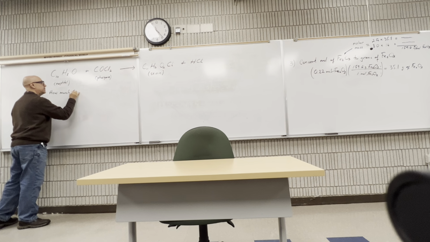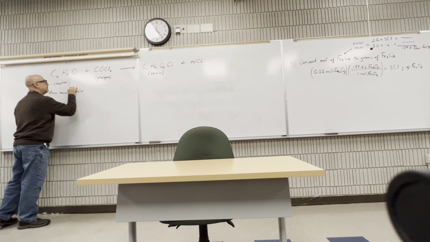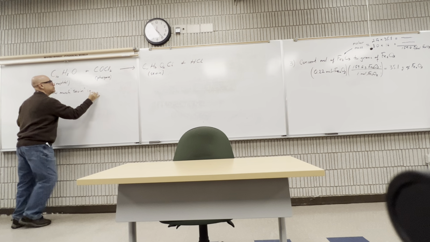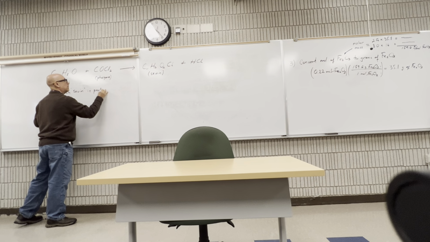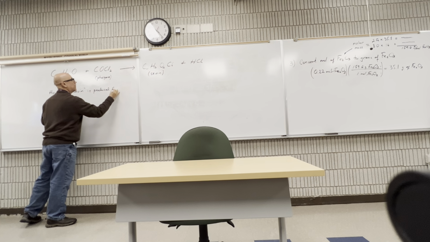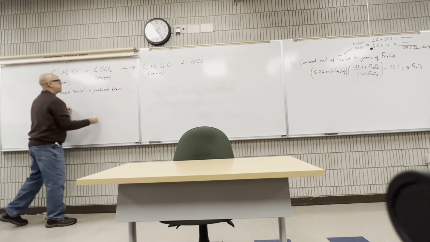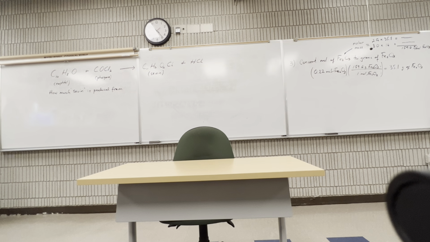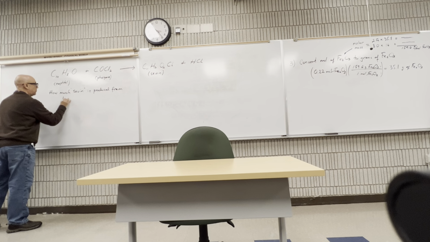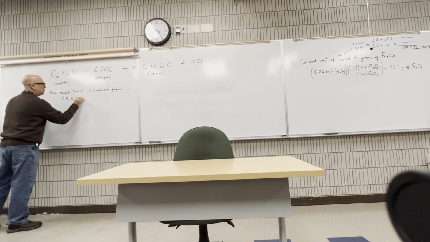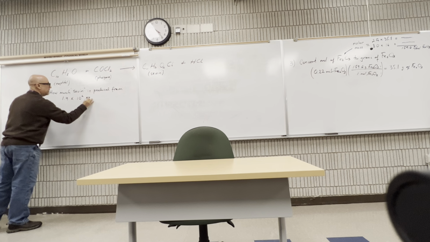How much Sevin is produced from, and the book, I'm going to give you the amount that the book uses scientific notation for this, 1.9 times 10 to the second kilograms.